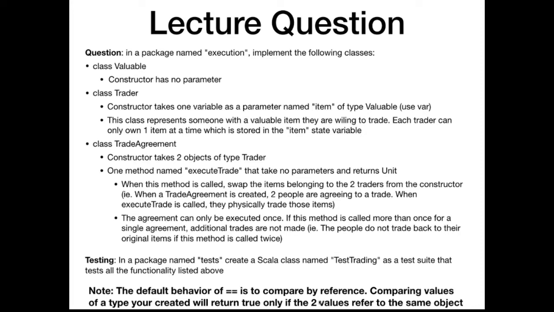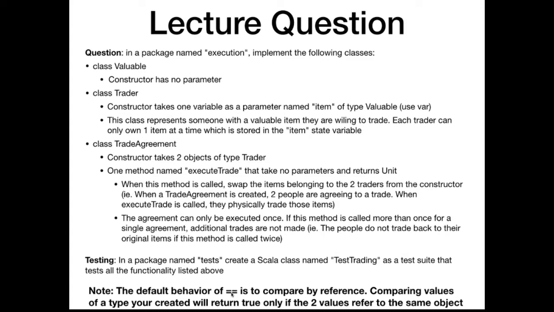And just a note, write a test suite, TestTrader. In your testing, you have this situation where you have to check if the references of these variables actually switched between these 2 traders. So we can use the equals operator to do this.